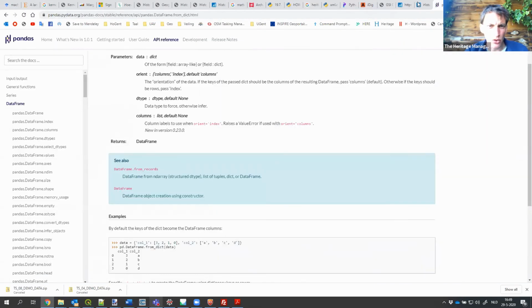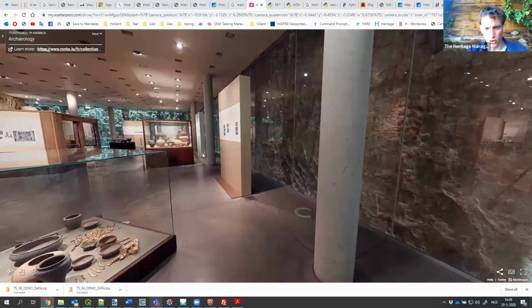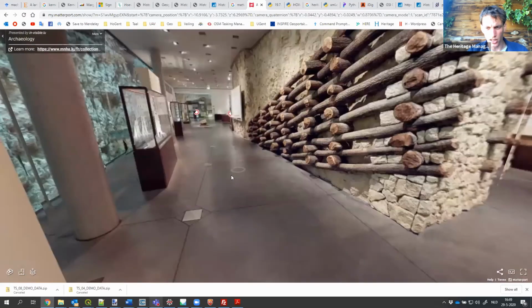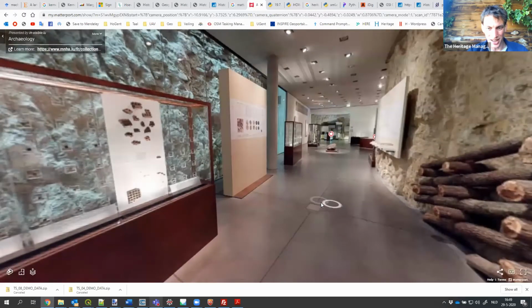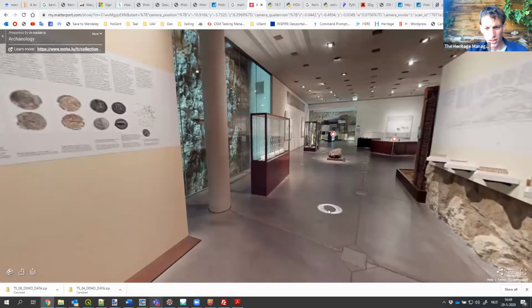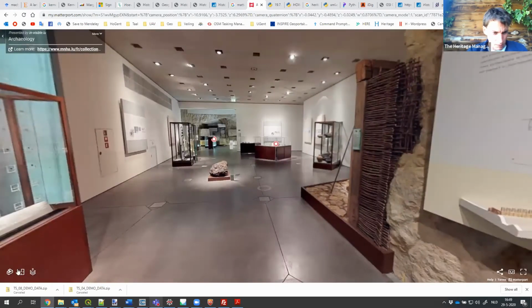And the result of this very fast data acquisition technique is, I lost it again. I have too many tabs here. Voila. Here you have a look at the panoramic images, and in this environment you can go from one side to another. By the way, I took the interior of a museum here in Luxembourg, I think. So this is the panoramic viewer.